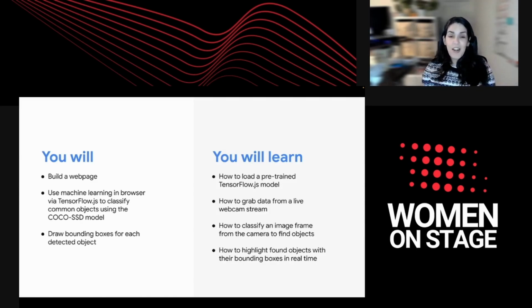You will learn how easy it is to load a pre-trained model in your web page, how we can grab the data from the webcam stream, how we can classify all of the objects on that webcam stream, and how we can create those bounding boxes to highlight these objects.